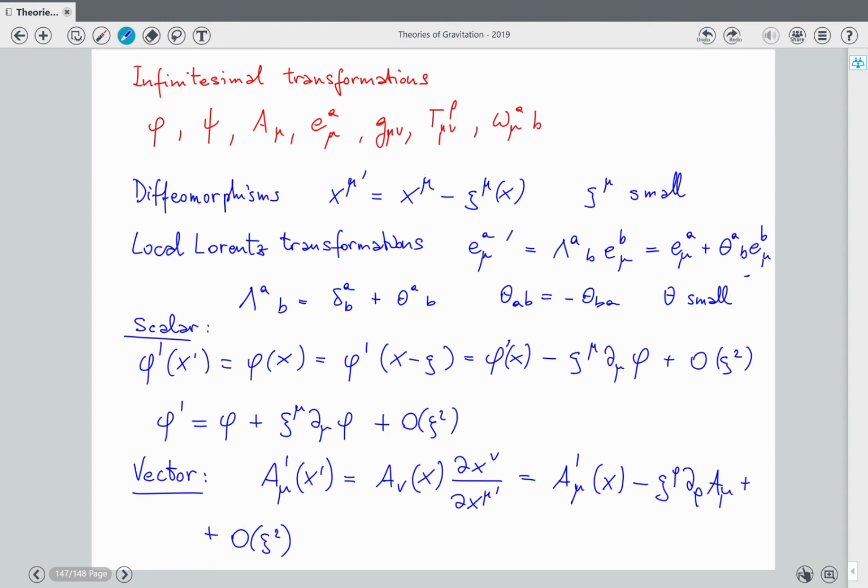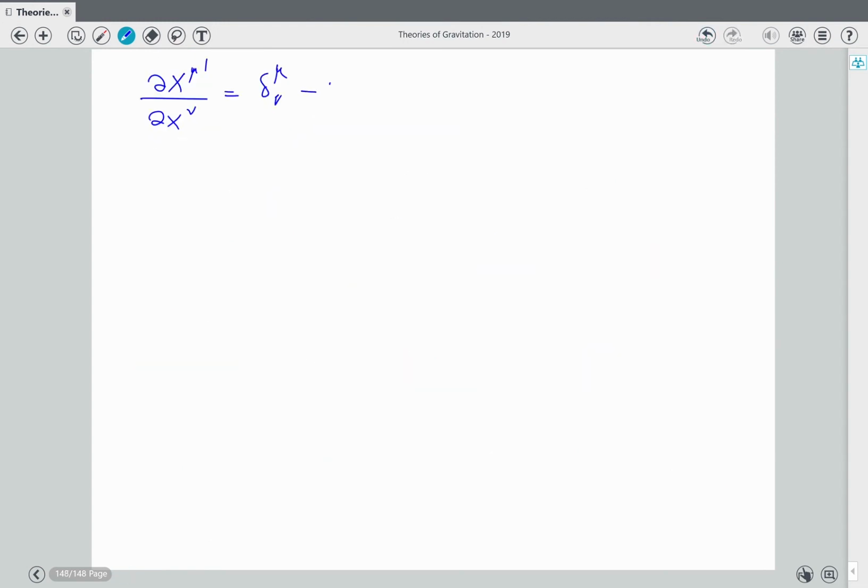The second term is minus partial mu of xi mu.